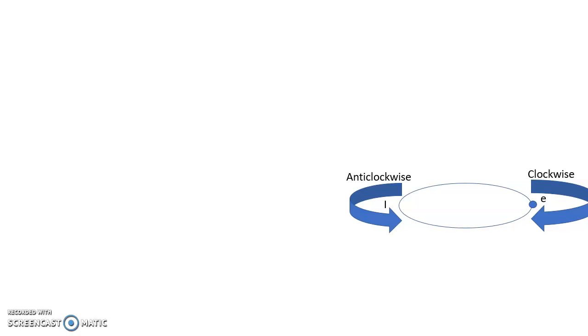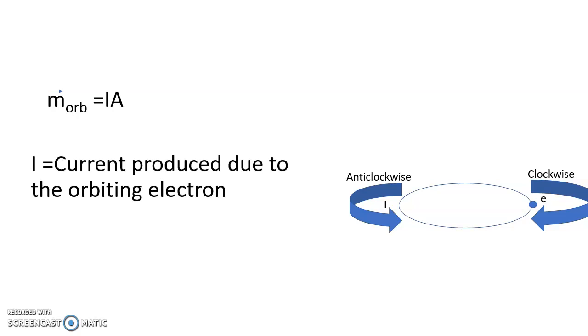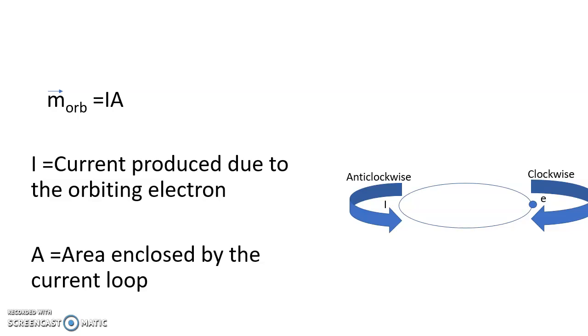The magnetic dipole moment due to the current loop produced by the orbiting electron is denoted by m orbit bar. It is a vector quantity and its formula is m bar is equal to I A, where I is the current produced due to the orbiting electron and A is the area of the loop.